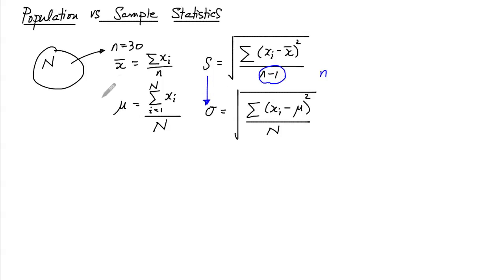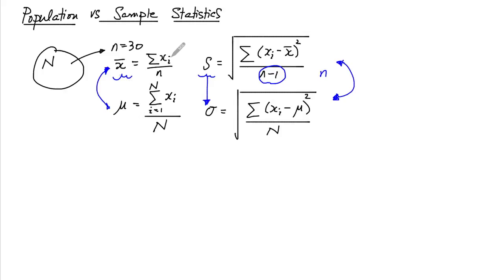Okay, so make sure you know the difference between a population mean and a sample mean. They are distinct measures, they are different values, and likewise the distinction between a population standard deviation and a sample standard deviation. Also remember that statistics, x bar and s, are your statistics, or any value that is a function of your data.